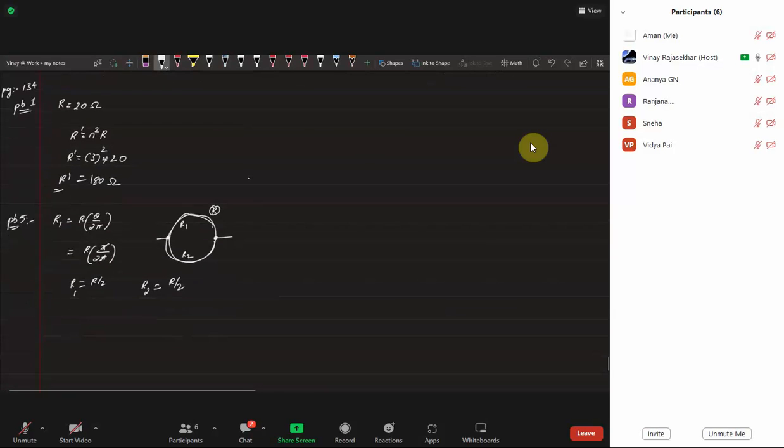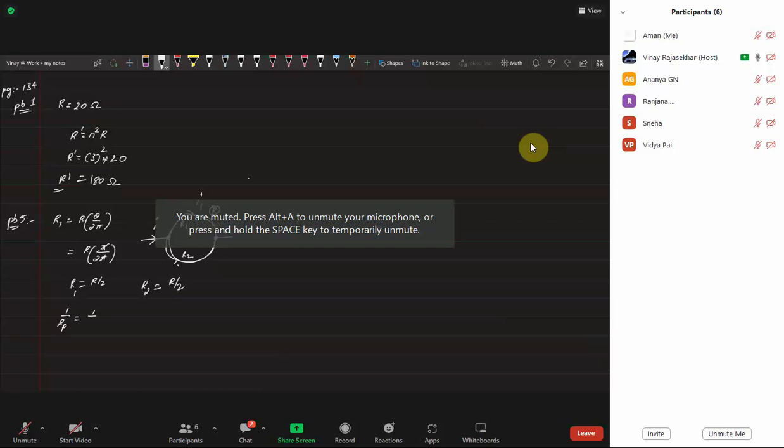For example, if it is bent into a circle and a battery is connected, I gave this formula. Now R1 and R2 are in series or in parallel? Parallel. If I take the total current as I, the upper current is I1, the lower current is I2, then R1 and R2 are in parallel. Then 1 by R parallel is equal to 1 by R1 plus 1 by R2.